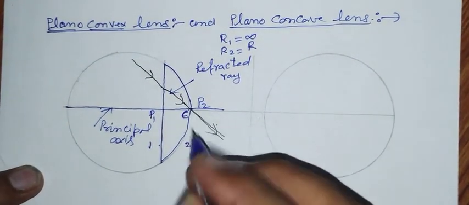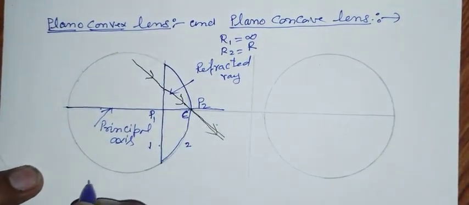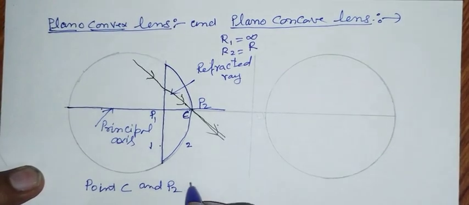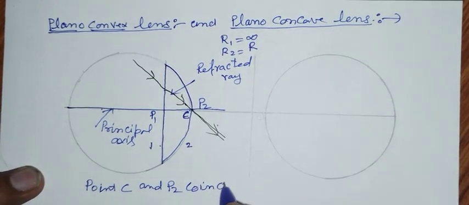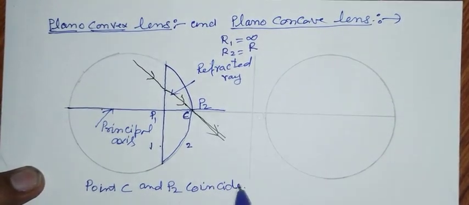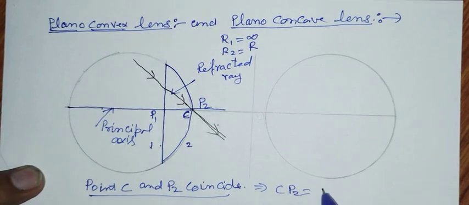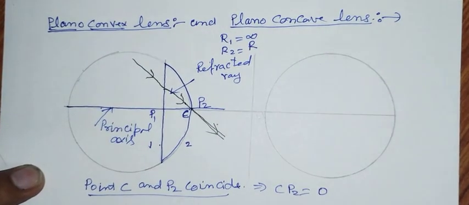So in this case, point C and P2 coincide. This implies that CP2 is equal to 0.